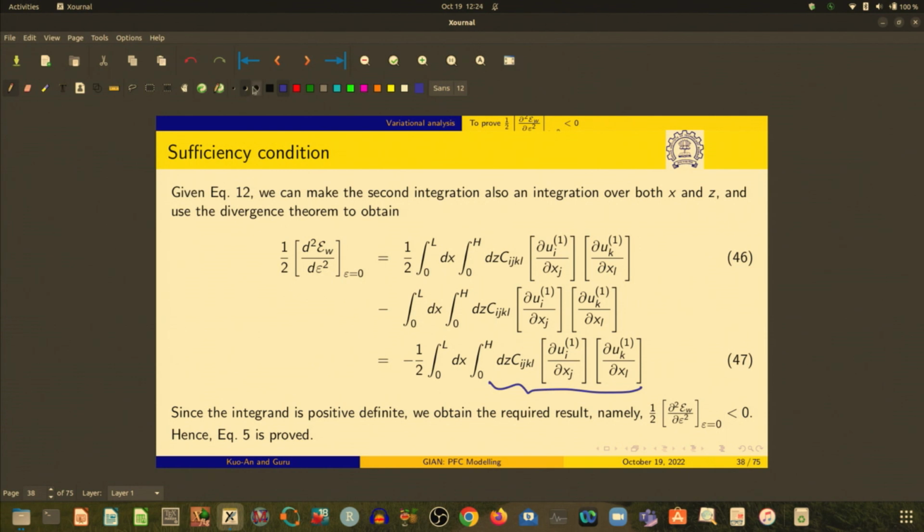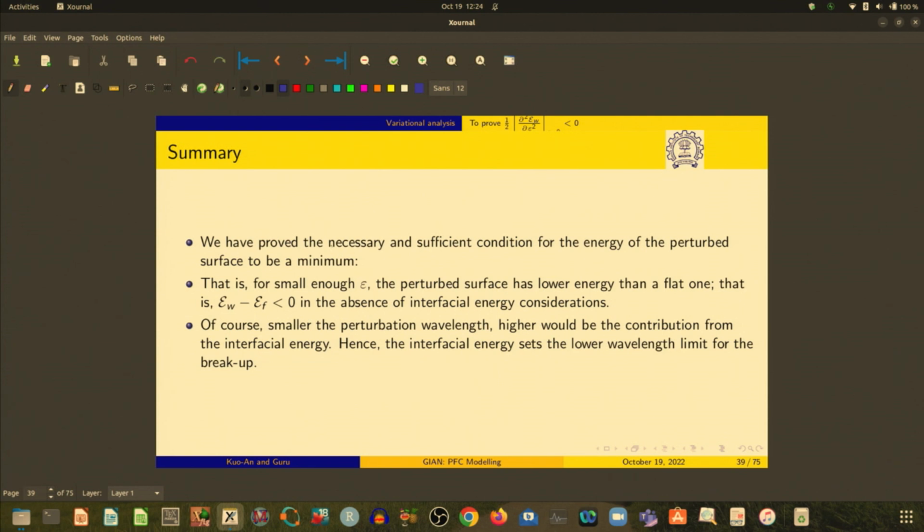So, what is it that we have done? We have proved the necessary and sufficient condition for the energy of the perturbed surface to be a minimum. So, if you have small enough perturbation, the wavy interface will always have lower energy, and so it will always break up.